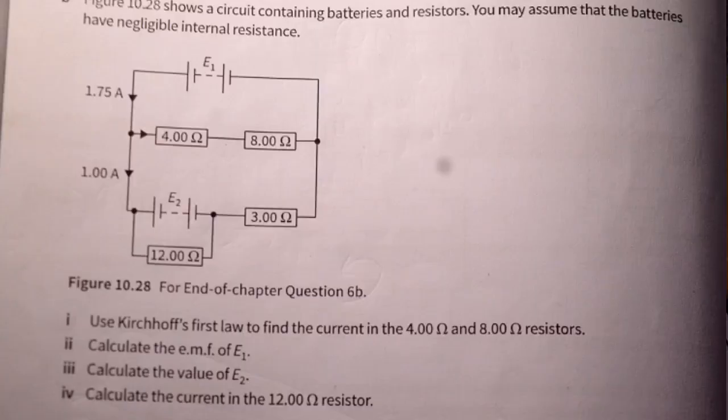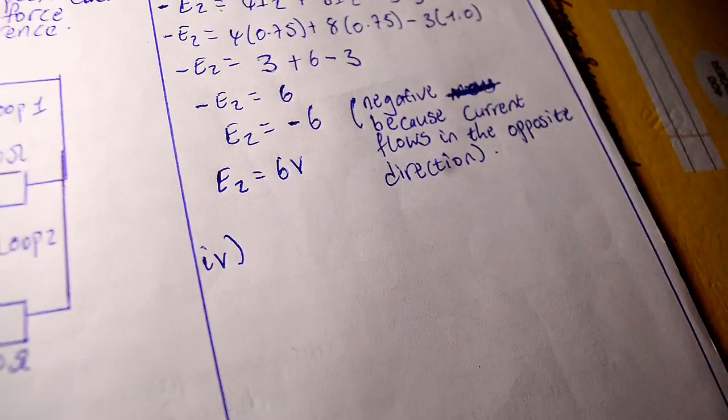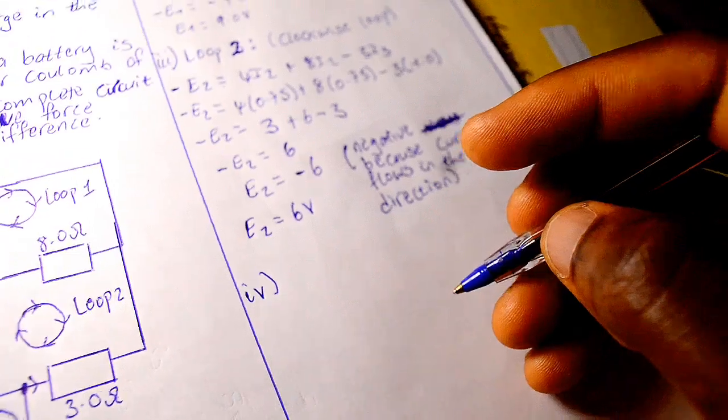Question 4 says calculate the current in the 12.0 ohm resistor. First, you have to draw it.